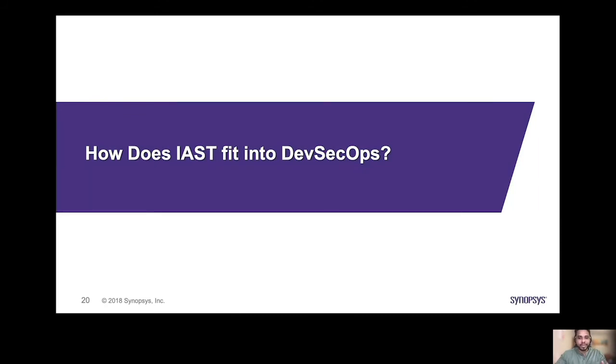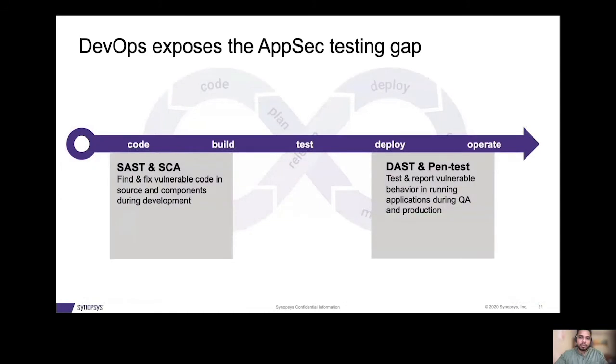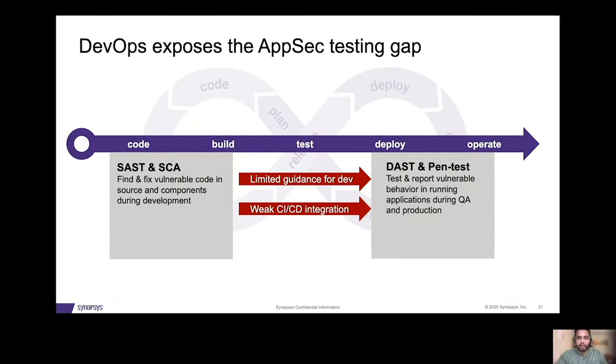IAST bridges the gaps between SAST, DAST, and pen testing. You could even say that IAST was made for DevSecOps and closely allied SDLC concepts of Agile and CI/CD. Let's find out how. Both traditional static and dynamic testing have limitations that leave a security testing gap in the SDLC, especially for teams adopting CI/CD and DevOps.